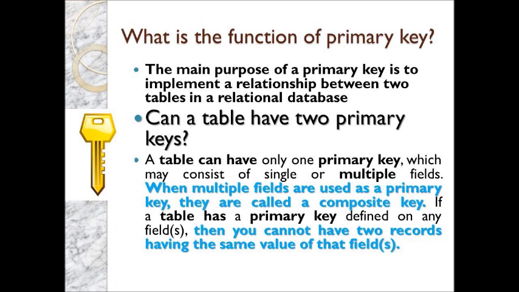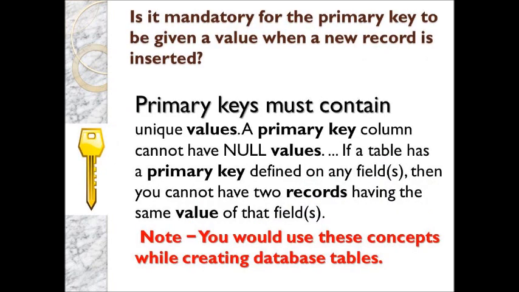If a table has a primary key defined on any field, then you cannot have two records having the same value of that field. Then we have next, is it mandatory for a primary key to be given a value when a new record is inserted? Primary key must contain unique values.